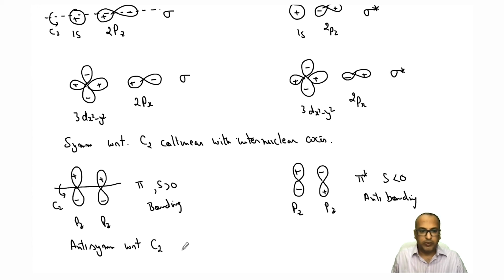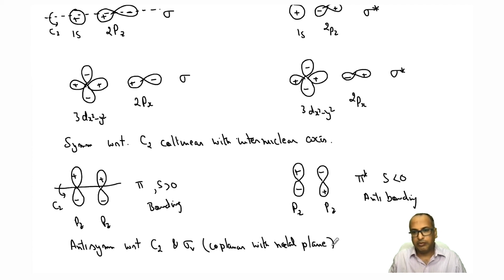And if we say sigma V, which is coplanar with the nodal plane, so if you draw C2 versus sigma V, this C2 and sigma V will be coplanar with the nodal plane, and this will be anti-symmetric. So the character under these two symmetry operations will be -1. So we know what is anti-symmetric, what is symmetric with respect to a given symmetry operation.